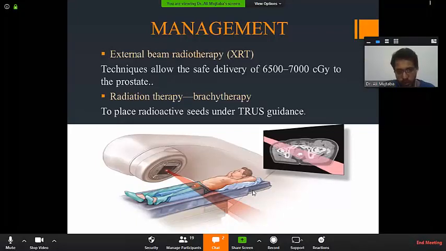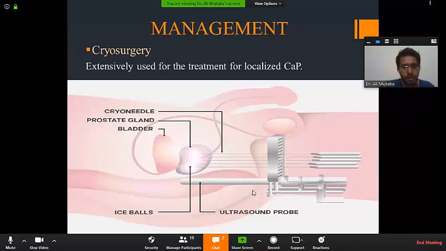Next, brachytherapy. It is a technique where a radioactive seed is placed under guidance. Essentially, we look for a treatment of localized prostate cancer. Here is a figure showing techniques of cryosurgery. This includes a needle, ultrasound probe, and ultrasound.